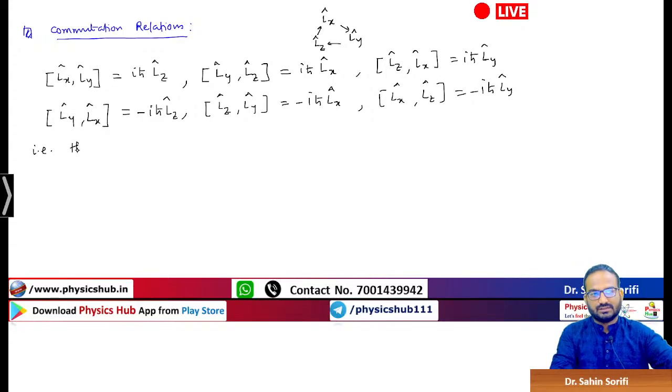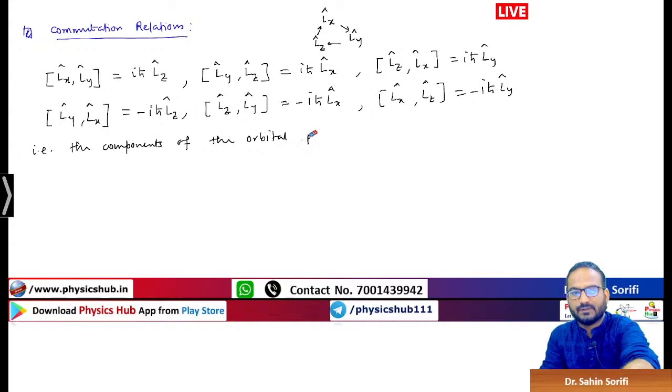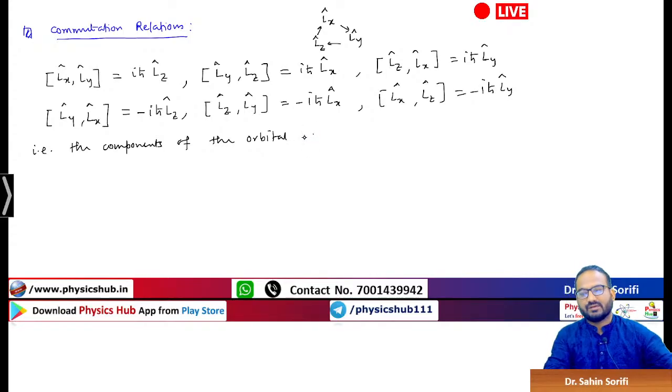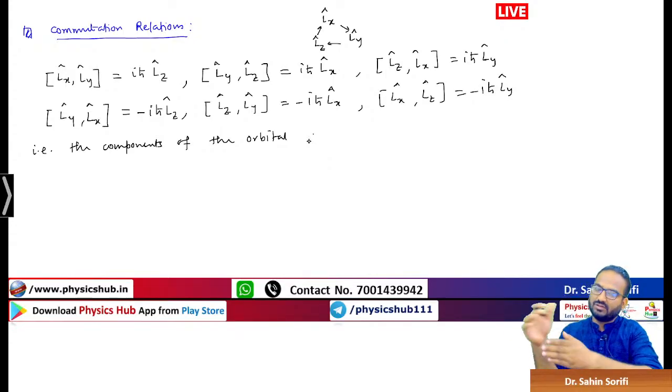That is, the components of the orbital angular momentum. Look, for the time being, we have kept our discussion limited to orbital angular momentum. It has two parts. One is the orbital angular momentum part, and later we will be discussing the spin angular momentum part.